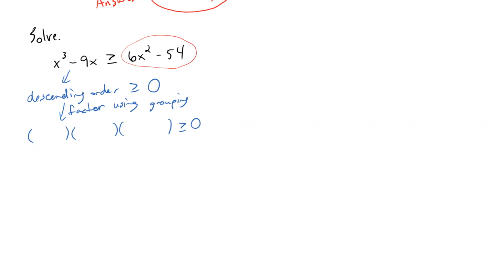Now that it's factored, go ahead and set up your number line chart for x values and cut it at each 0. You should have 3 zeros here. Cut it at those and go ahead and identify the multiplicities of each. Then what we're going to do is we're going to think of this left side as y.